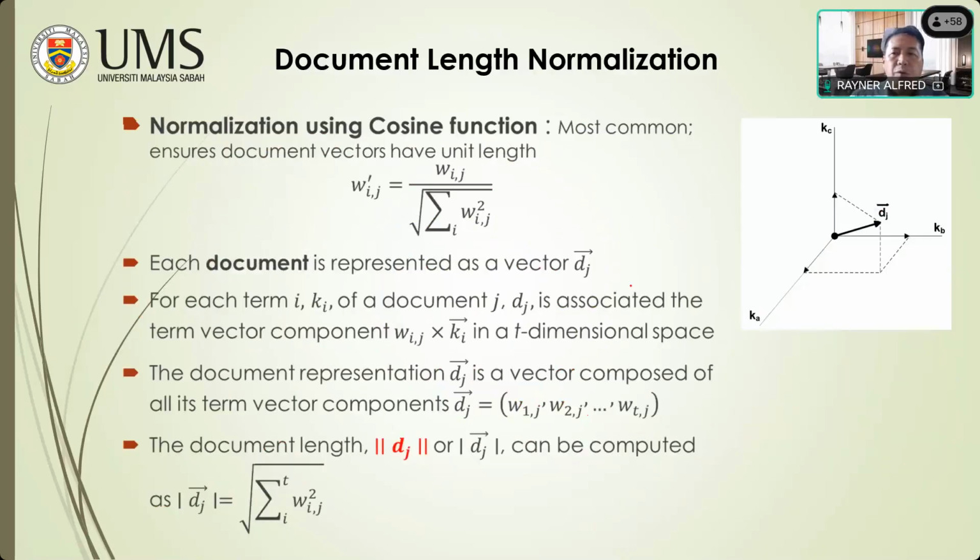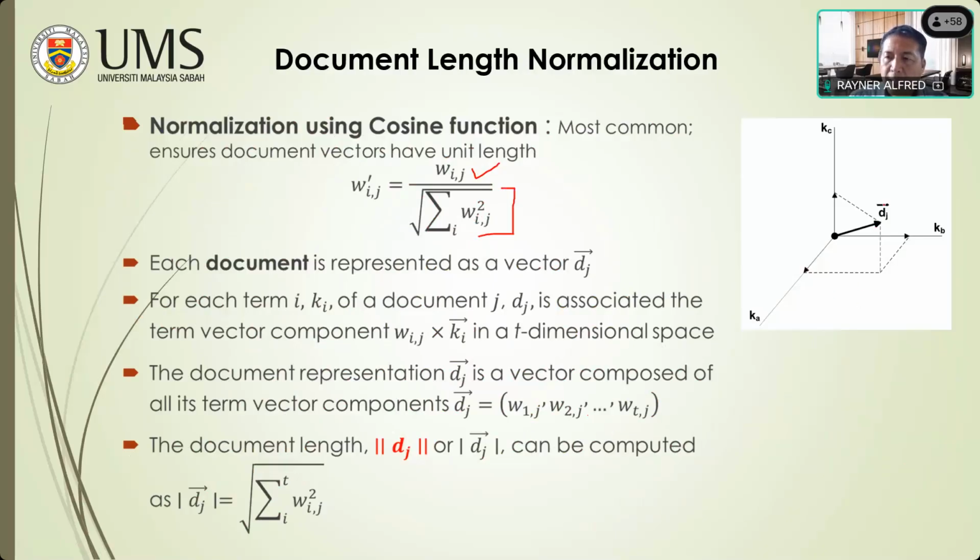Okay, so how is this done? This is the initial weight. We want to divide by the square root of the sum of all the squared weighted components in that document.